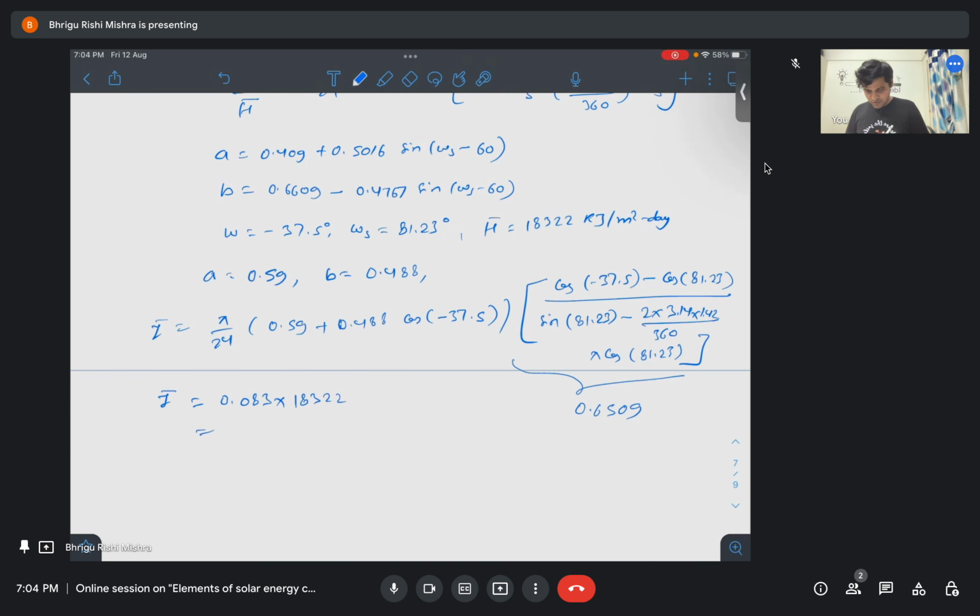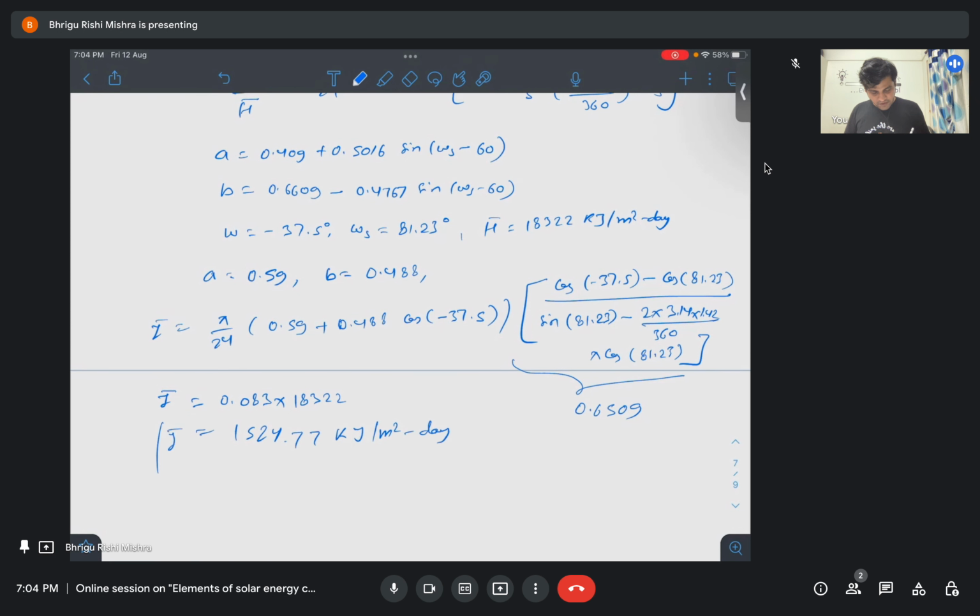So it is 1524.77 kilojoule per meter square per day.